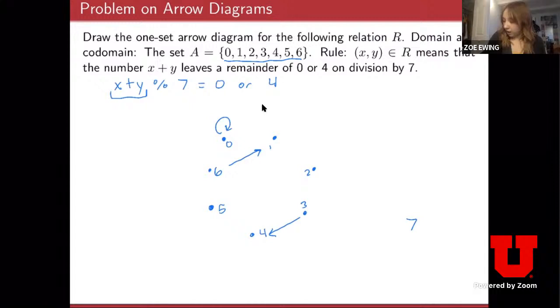With these two arrows right here, we can actually add arrows going the other way as well, because 3 plus 4 equals 7, and 4 plus 3 also equals 7.